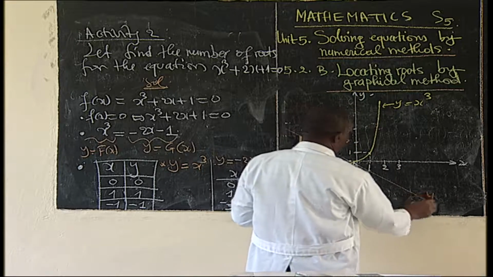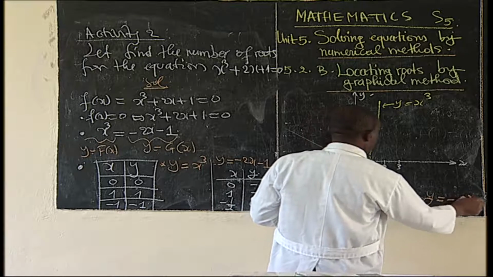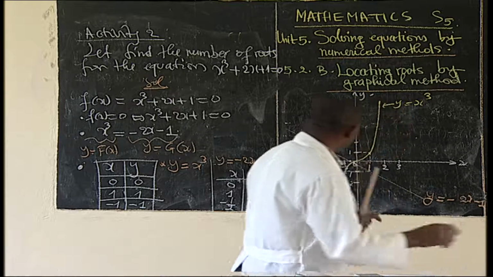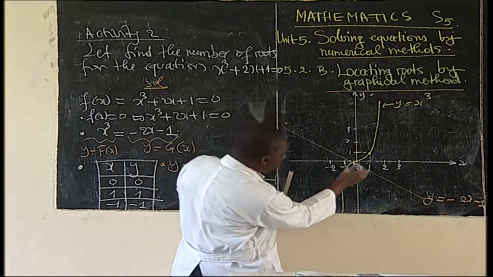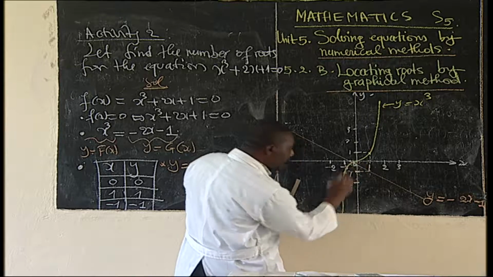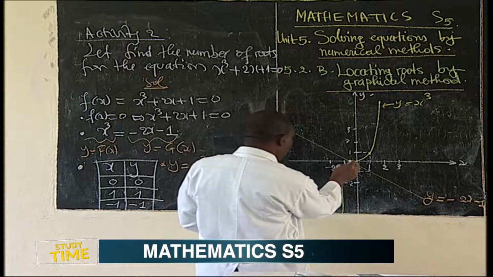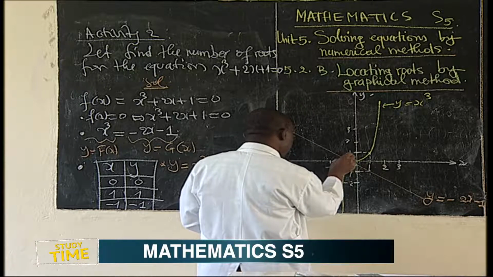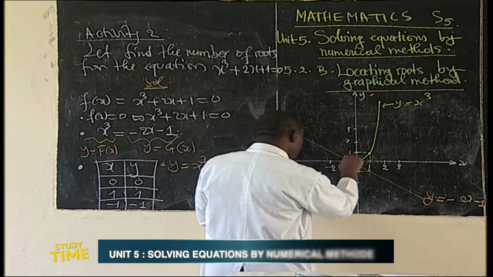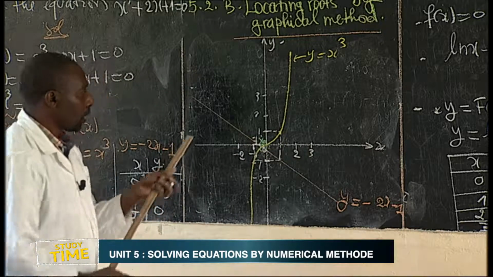This is y equals minus 2x minus 1. My two curves intersect at this point. And of course, here we have -1/2. So the x-intercept should be at this level. Let's call it x0.